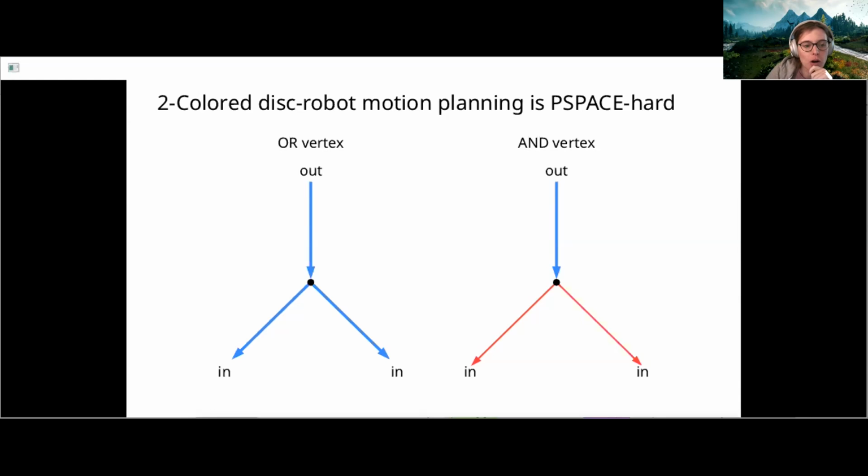So now what we have here is to flip the out edge of OR vertex, we need to flip one of the input edges, right? And the AND vertex on the other side, to flip the blue out edge, we need to flip both in edges.